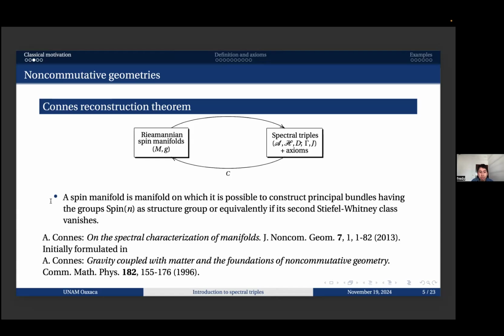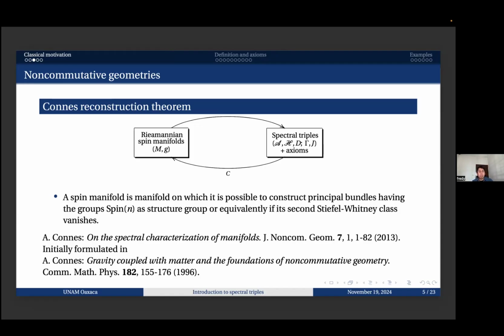Spin manifolds are very important manifolds in differential geometry, where it is possible to construct principal bundles having the spin groups as structure groups, or equivalently if the second Stiefel-Whitney class vanishes.